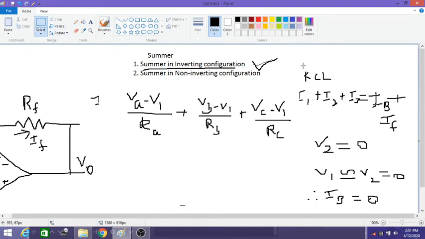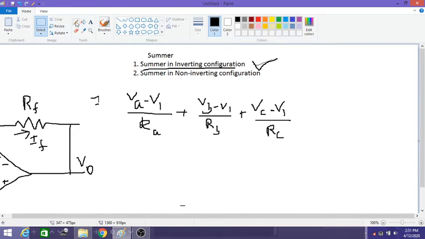Now I will erase these terms because we know this, and this is equal to the right-hand side, where IB is equal to 0, so we are left with only IF, which can be written as V1 minus V0 by RF.